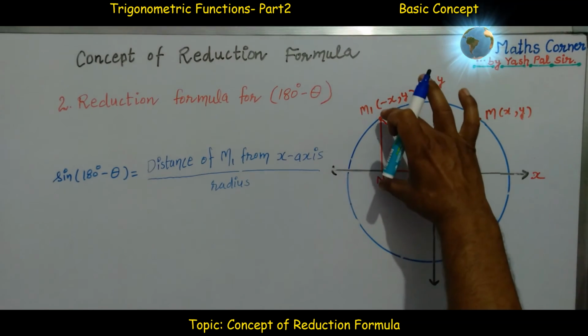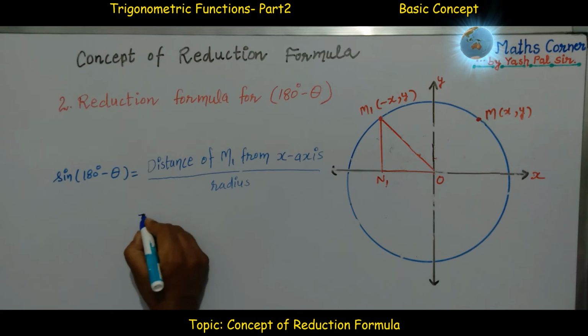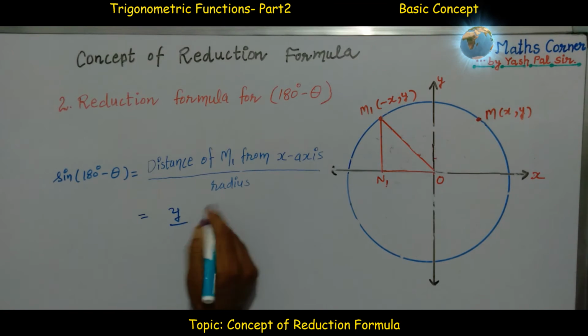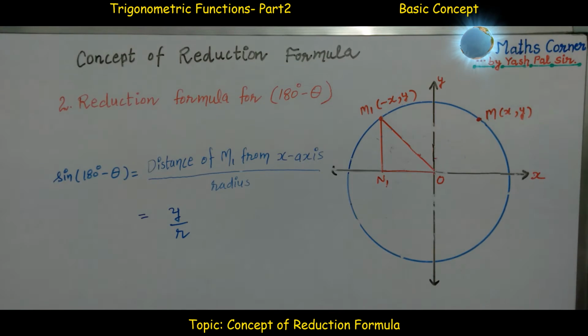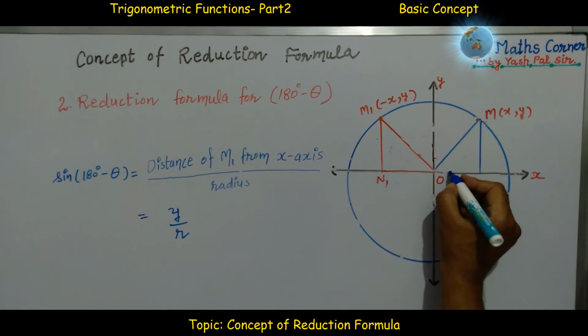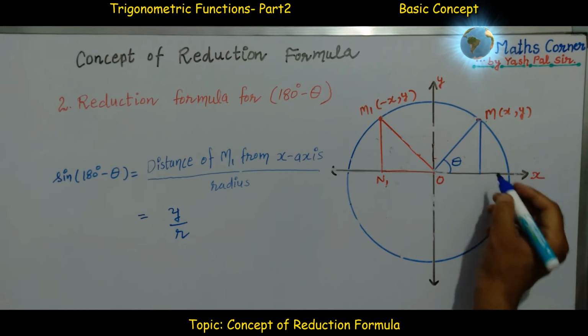Here this distance m1 n1 is y, so we say y divided by the radius of the circle r.